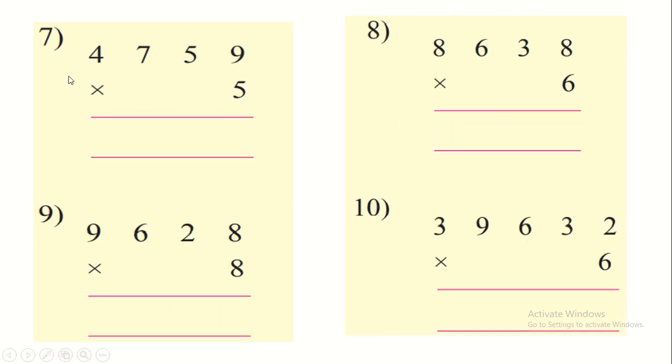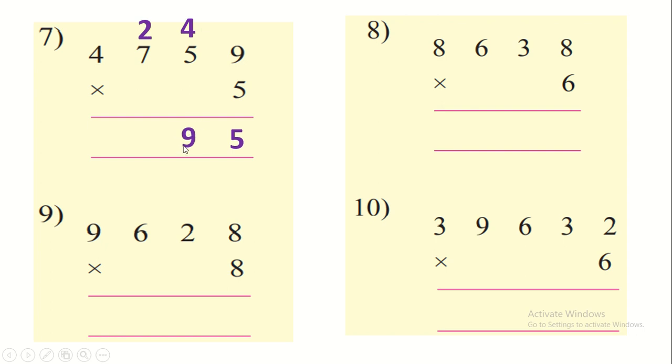Okay. Now, let's go to number 7. Number 7 is 4,759 times 5. First here, 5 times 9 is 45. Write 5, carry 4. 5 times 5 is 25, plus 4 is 29.